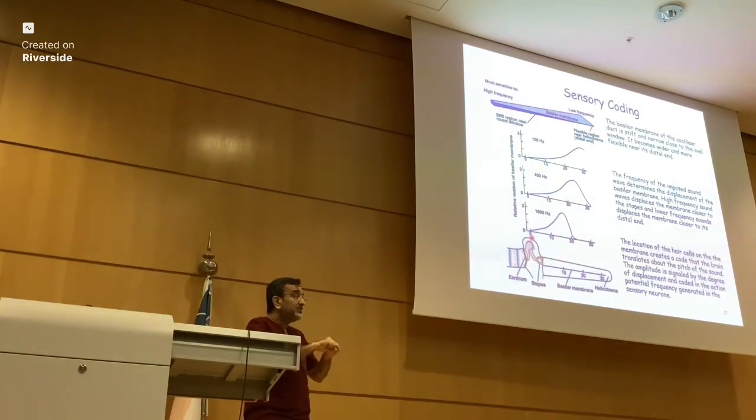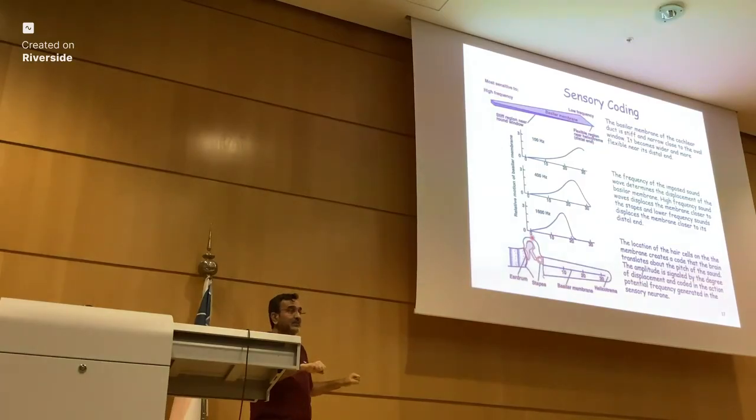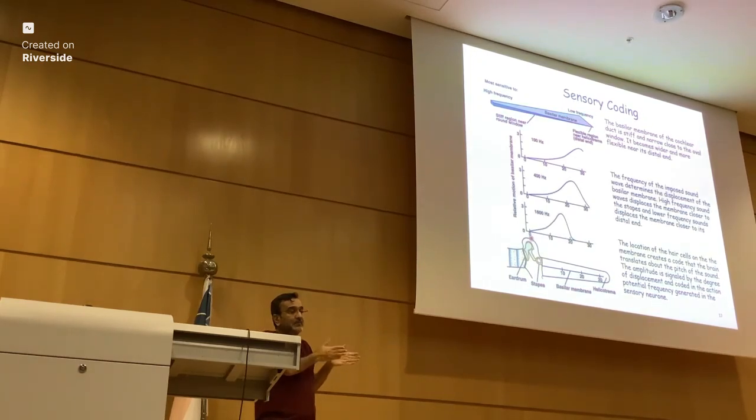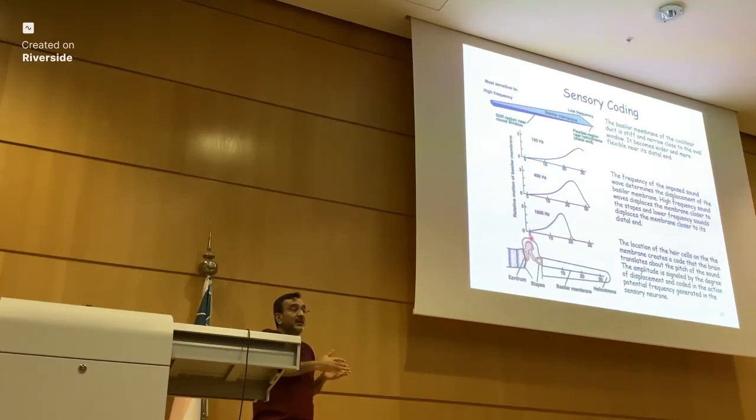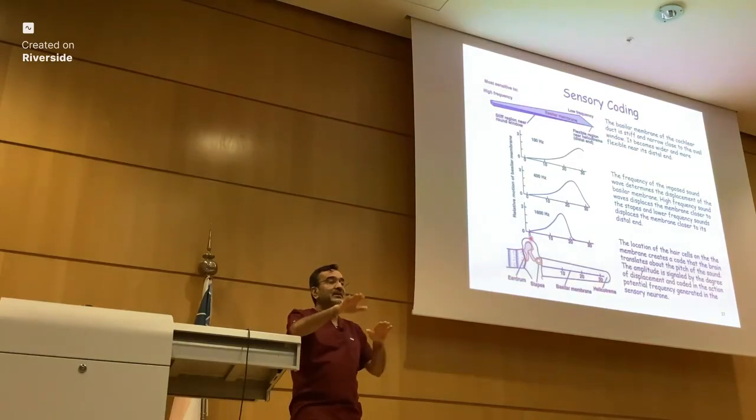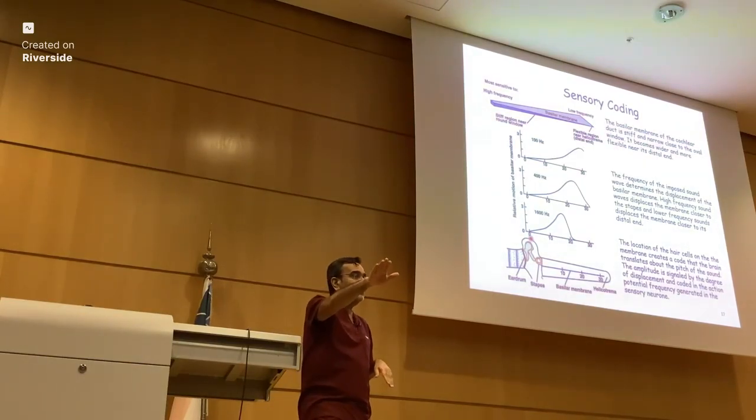Because it is tighter near the base, high frequency sounds are going to make the part of the basilar membrane near the base vibrate, while low frequency sounds are going to cause the basilar membrane near the apex to vibrate.